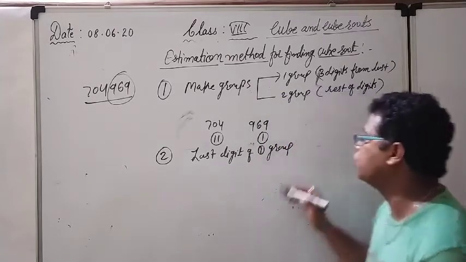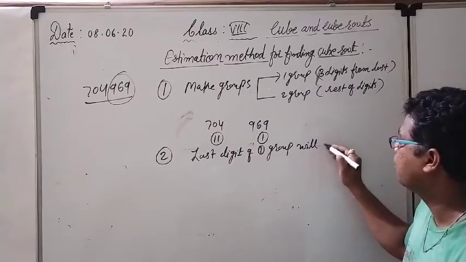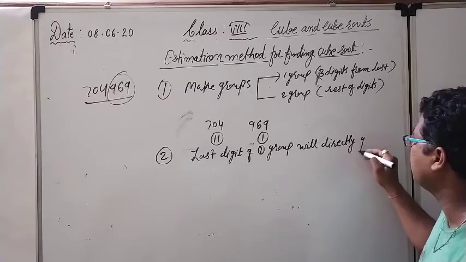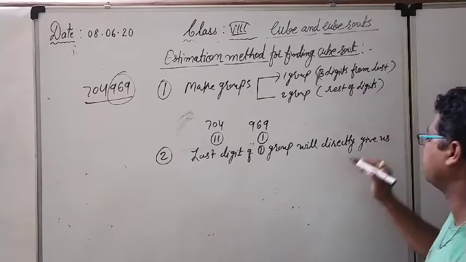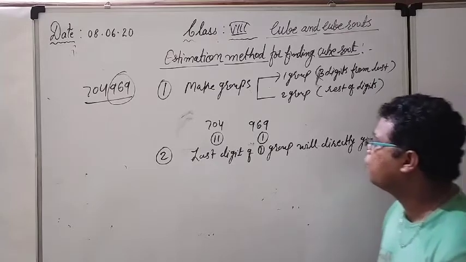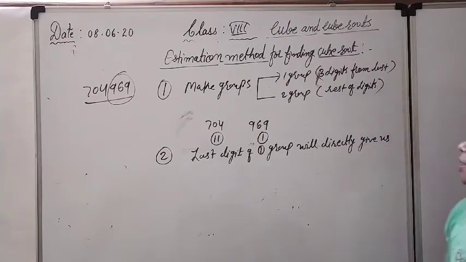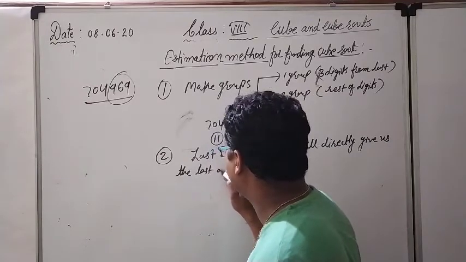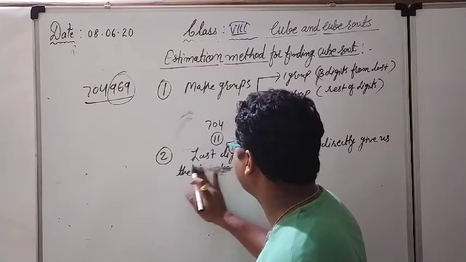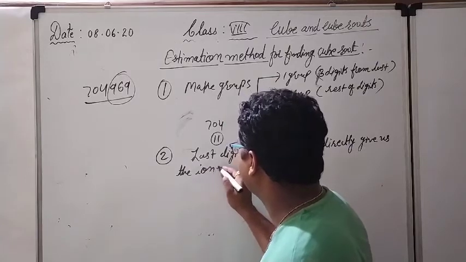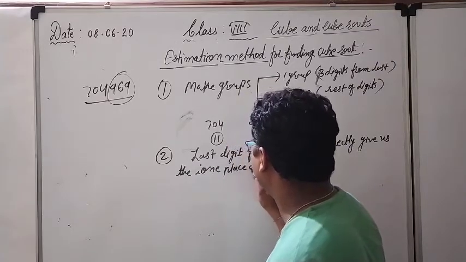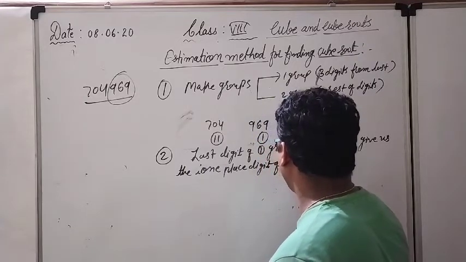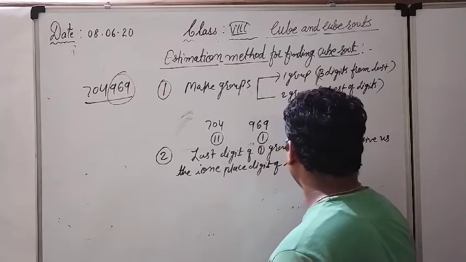The last digit of the first group will directly give us the last digit, or you can say the ones place digit, of the required cube root.